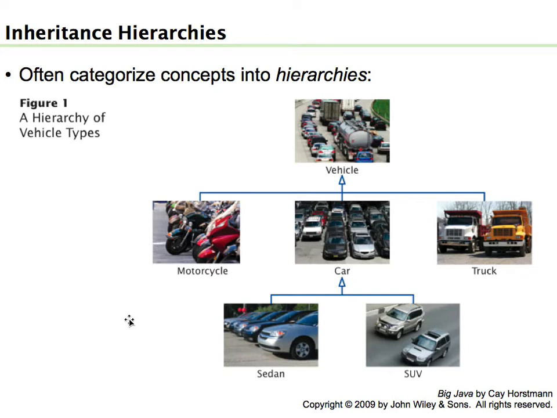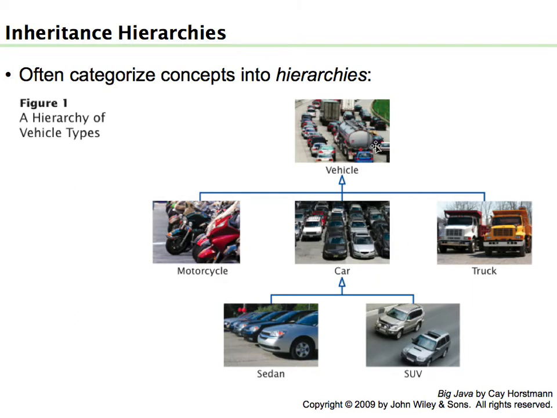Inheritance allows us to provide a hierarchy of concepts that relate to one another in an extension relationship, where a higher concept has parts that all the other concepts have, but they add to it. So you have a concept of vehicle, which could be anything that is moving. A vehicle can be a motorcycle, a car, or a truck.